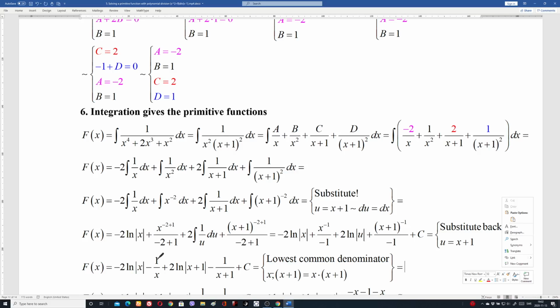Yes, this x coming down, which means that 1 divided by x, ln x, we exchange this one by x plus 1, is here. So 2 ln of x plus 1 inside the absolute value, minus, divided by plus is minus. This one goes down, which means this x plus 1. That's 1 divided by x plus 1, minus, plus c.